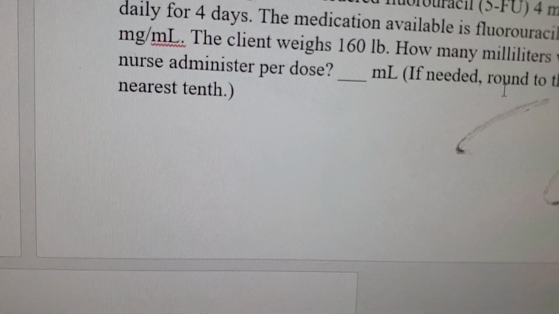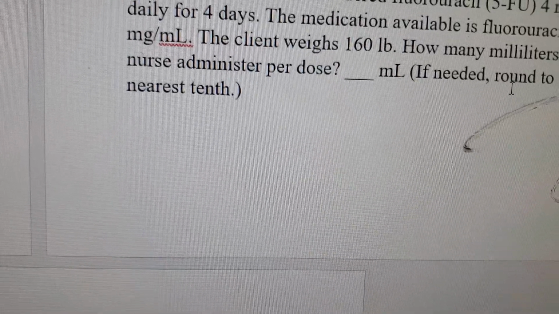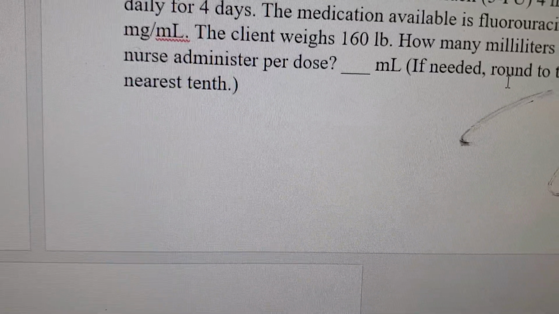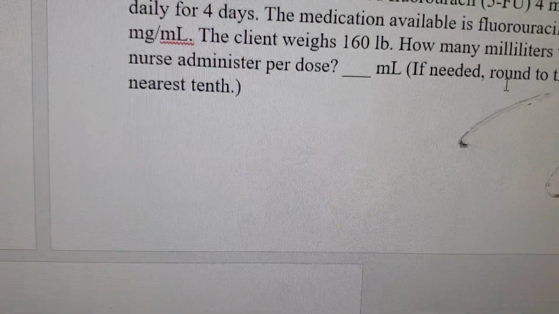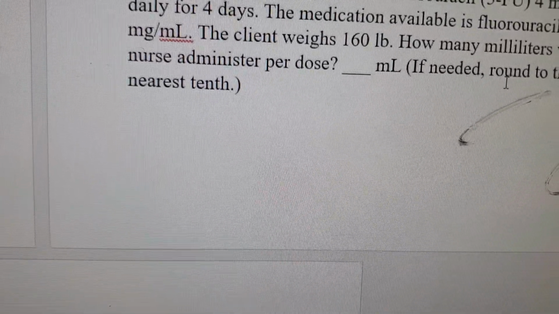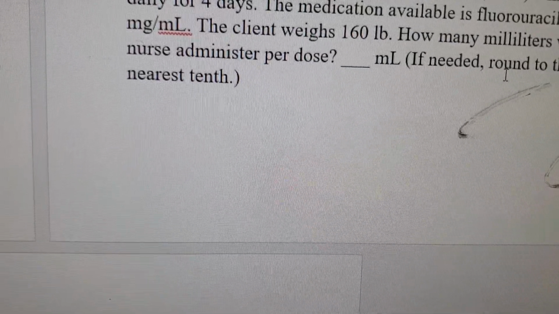The client weighs 160 pounds. How many mLs or milliliters will the nurse administer per dose? Per dose. If needed, round to the nearest tenth.